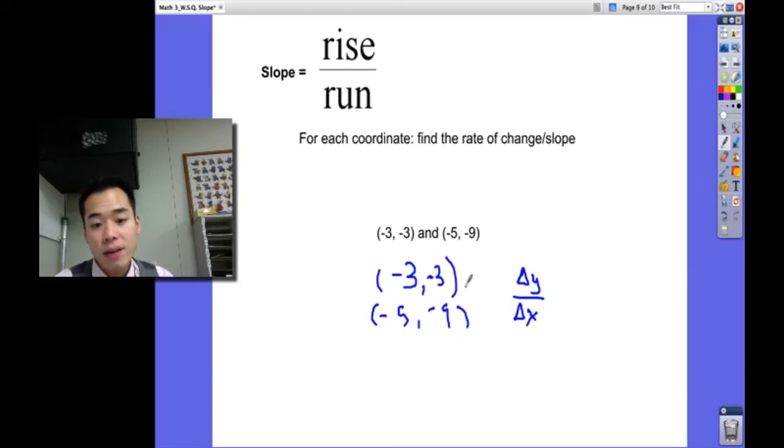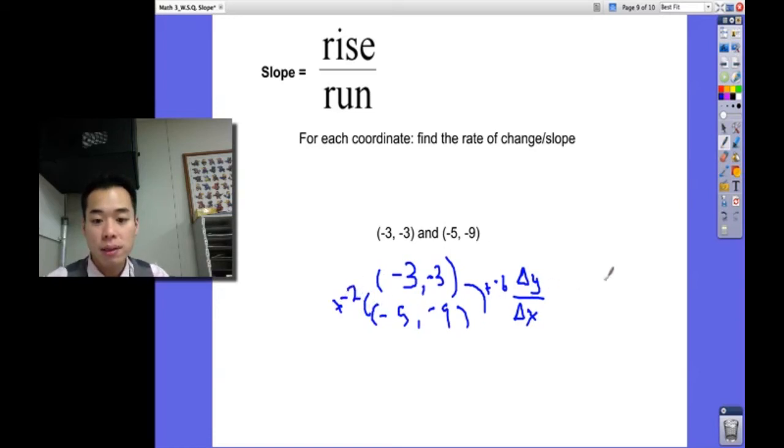So how do I get from -3 to -9? Well, the negatives are getting smaller, so I'm going to add -6. And how do I get from -3 to -5? Oh, well, I am adding -2.